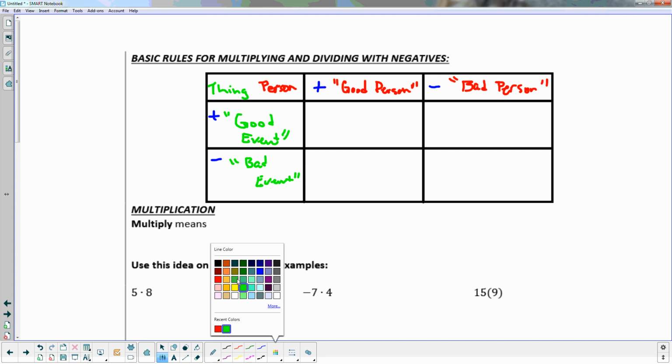So if I'm looking at each one of these boxes here, these are where the work happens. In this one I have a positive times a positive. And this works for dividing too. So in this case, it would be a good event happening to a good person.